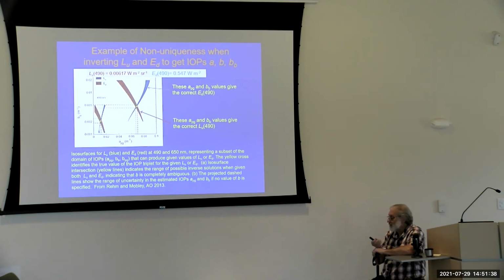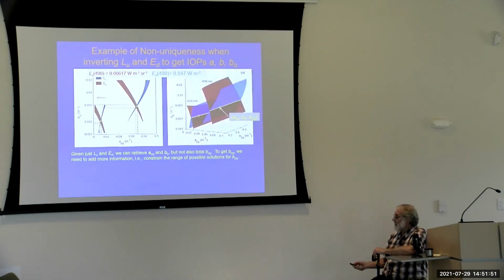Suppose now he says, well, this is great, now I'd like to solve for absorption plus backscatter plus total scatter, for example. Well, now we've got a problem. We want to get three numbers and we only have two pieces of information.